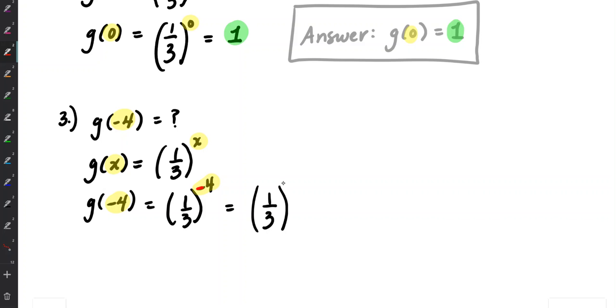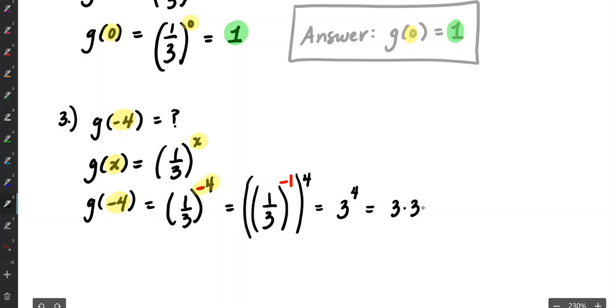That doesn't mean anything. It's notation for the reciprocal of 1/3, that thing times itself 4 times. Oh, the reciprocal of 1/3 is 3, and 3 times itself 4 times.